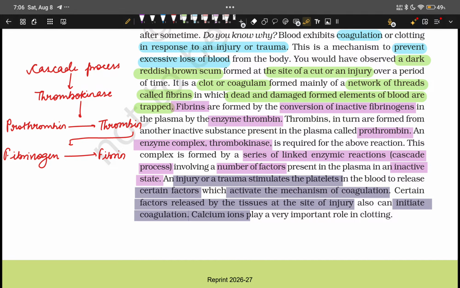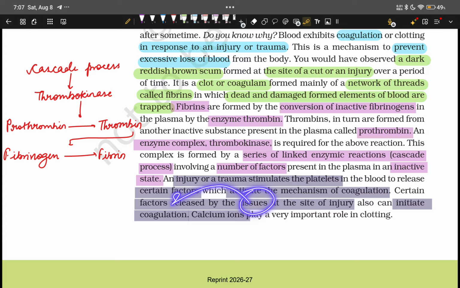One more thing which is important to understand is that injury or trauma stimulates platelets to release certain factors that activate the process of coagulation. However, not only platelets can activate the mechanism of coagulation.